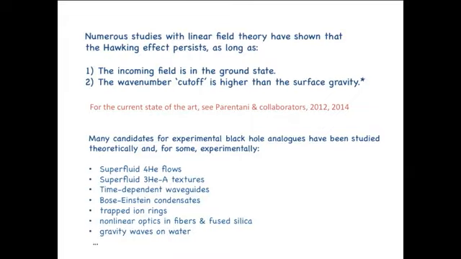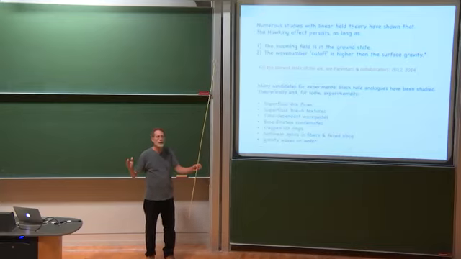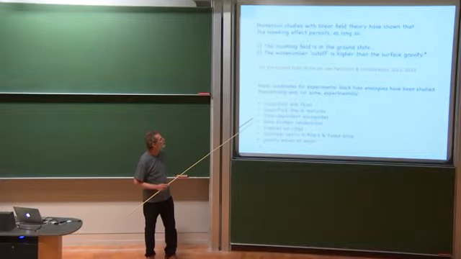Actually, it turns out that the Hawking effect is even more robust than that. You can get away with having the cutoff not so much higher, or maybe not even at all higher than the surface gravity, provided that the flow has a very long stretch of constant rate of change of the velocity, that is, constant surface gravity.